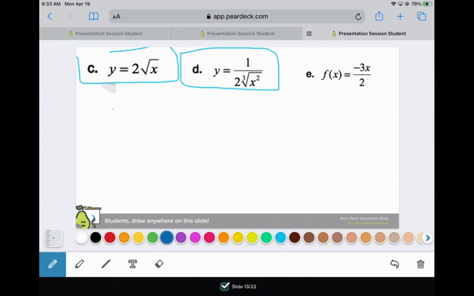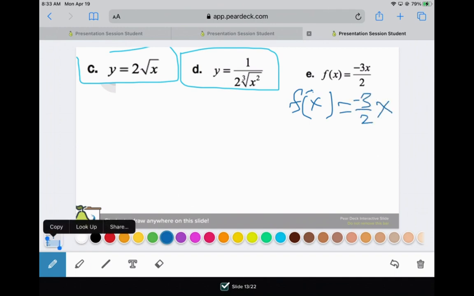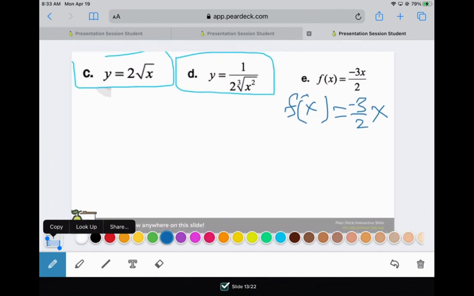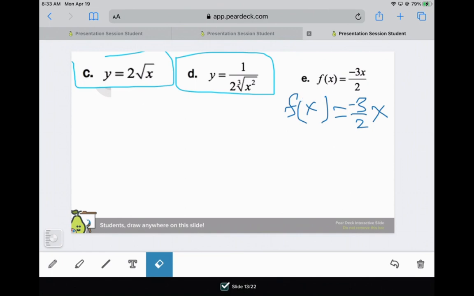For me, when I do this, sometimes I just rewrite the fraction, so it's much clearer for me. f of x is negative 3/2 x. If rewriting the x helps you see the problem better, then do it. But do you have to do it? No. If you see the problem and understand how it works, then that's fine.